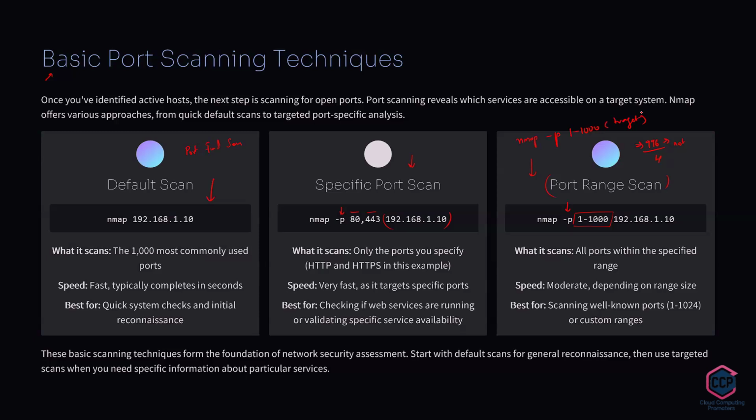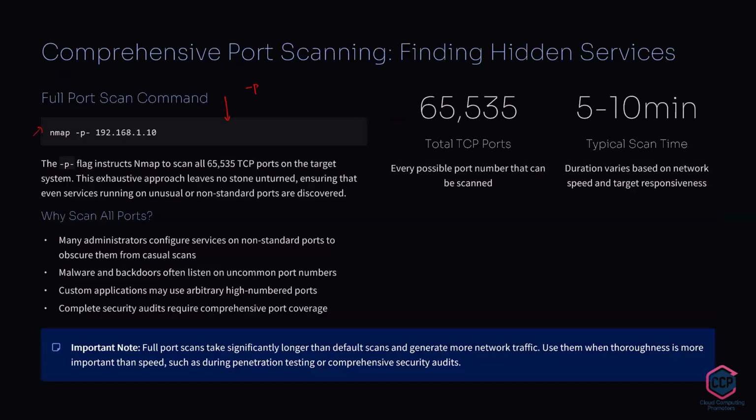But if you want to do it automatically instead of manually, we just use nmap hyphen p hyphen, space, and after the space the target IP, which could be our public facing IP or our private IP also.